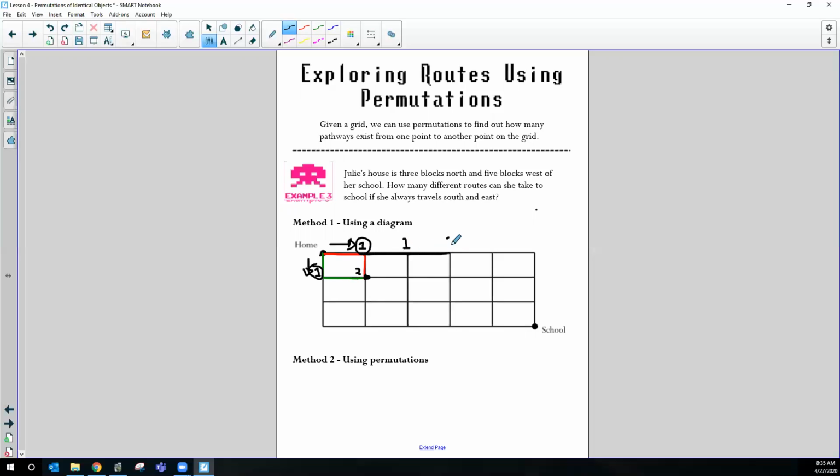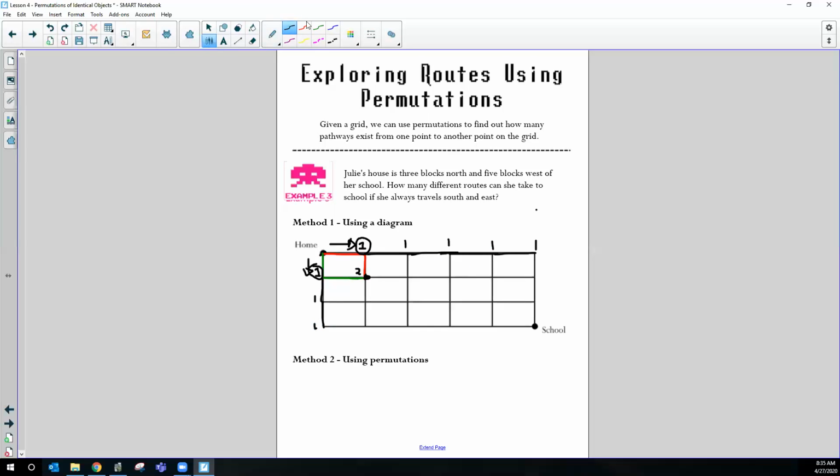So if we continue with this pattern, there's only one way of going to here. You always do it at the intersections. There's only one way. That should be a 1. There's only one way, and there's only one way, okay? Because you always have to move towards school, so there's one way of getting to these intersections. Okay, and that means there's still one way and one way.